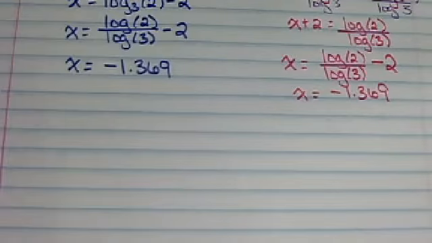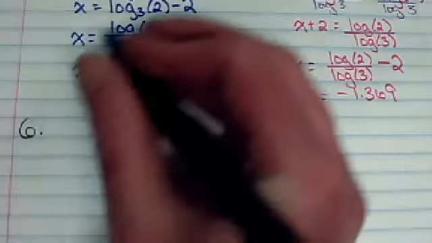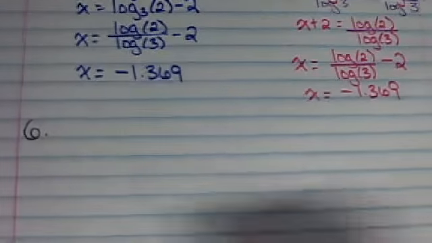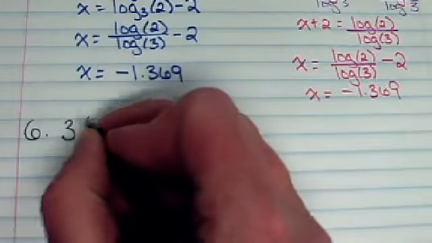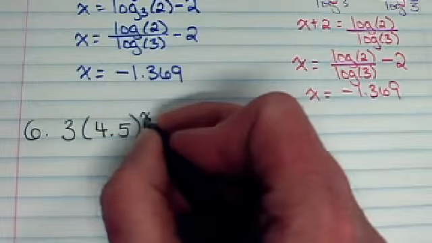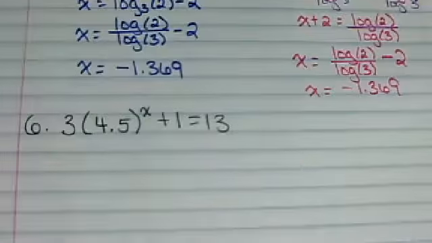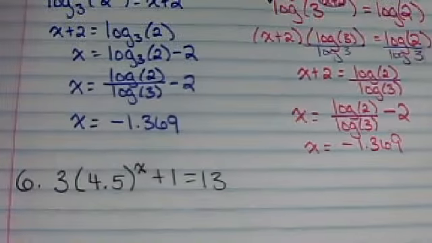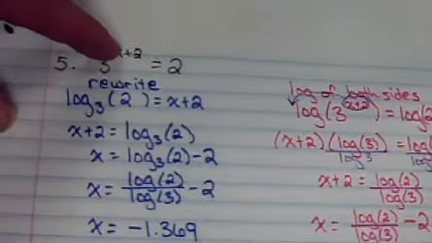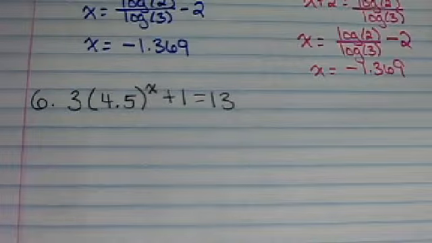Now, what if there's some other stuff around it? Not just more stuff in the exponent. What if I have 3 times 4.5 to the x plus 1 equals 13? Well, first off, on all of these, we had the base and the exponent, the power, all by itself.